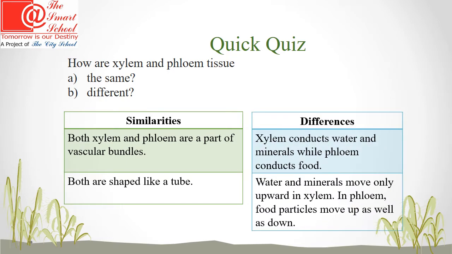The differences are that xylem conducts water and minerals, while phloem conducts food. Another difference is that water and minerals move only upward in xylem. In phloem, food particles move up as well as down.